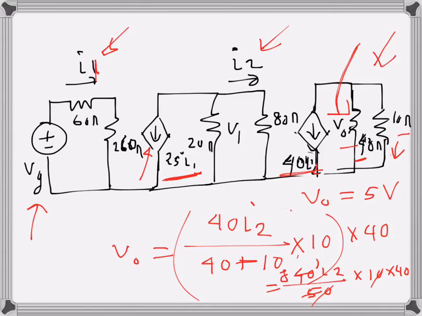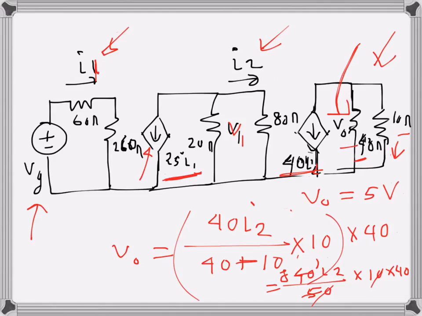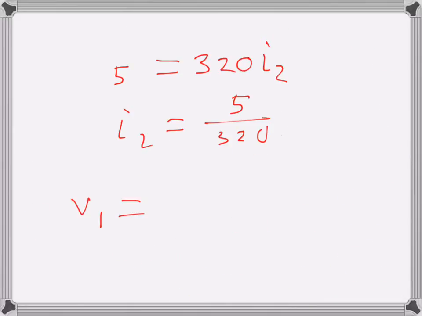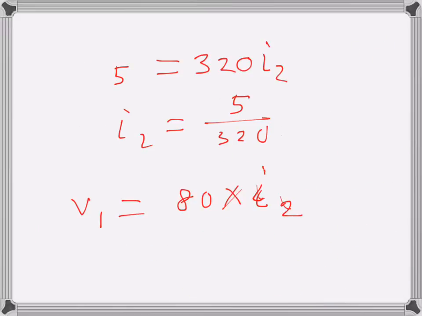Now let's say this voltage is V1. Let's find the value of V1. V1 is the voltage across this one or this one. Let's do the 80 ohms one, so that will be 80 times I2. Since we know I2 now, and I2 is this current, we will use the current through the 80 ohms resistance.